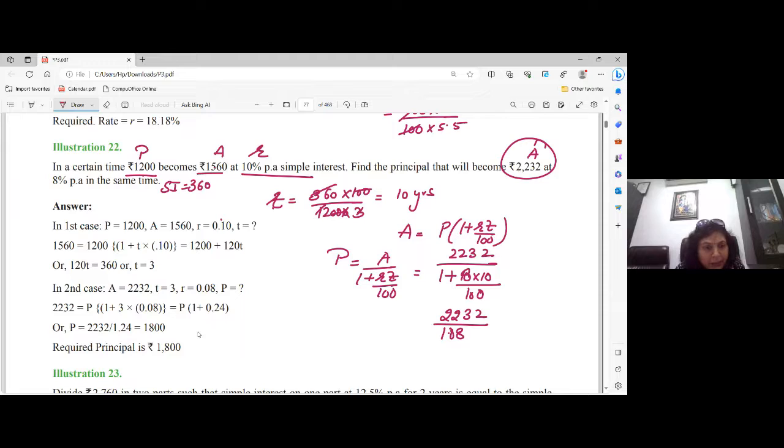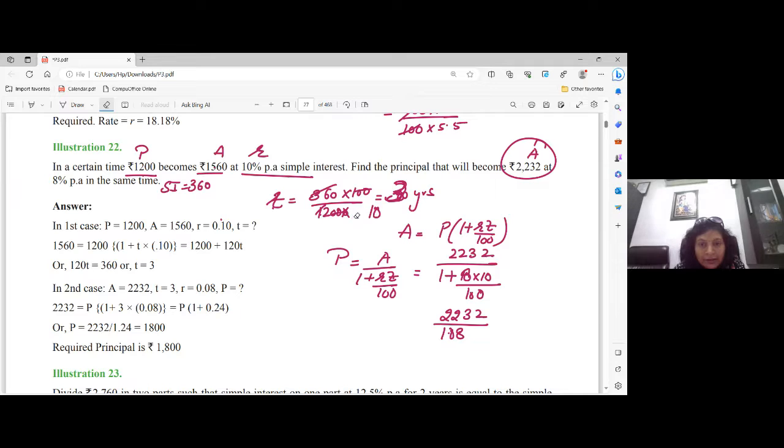How does it become 1.24? Time is 3 years. Our time is 12 threes are 36. So we have the interest, that is 360 into 100. Principal is 1200 and rate of interest is, what is this 3? Sorry, this is not 3. Rate of interest is 10%. That means number of years are 3. So there is a calculation mistake we have done.